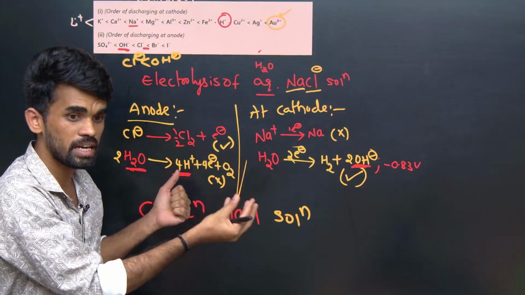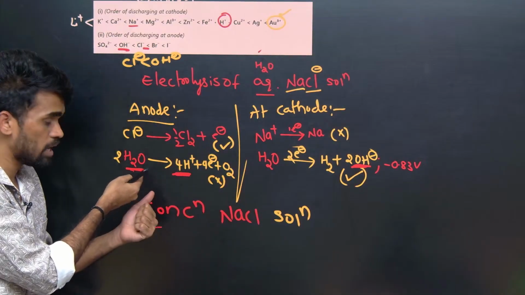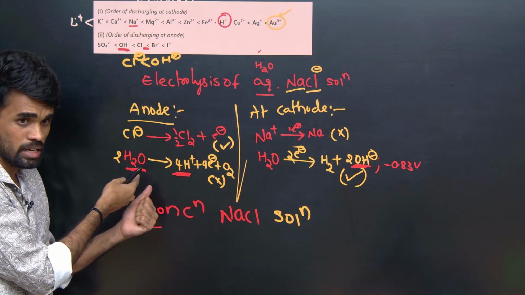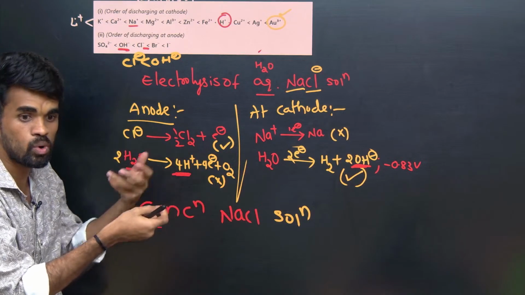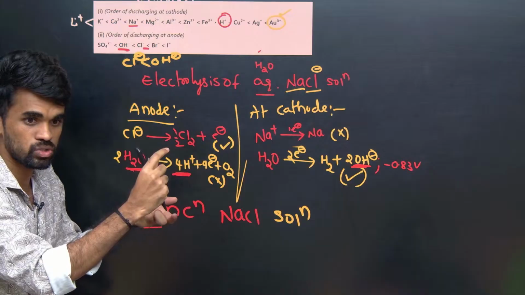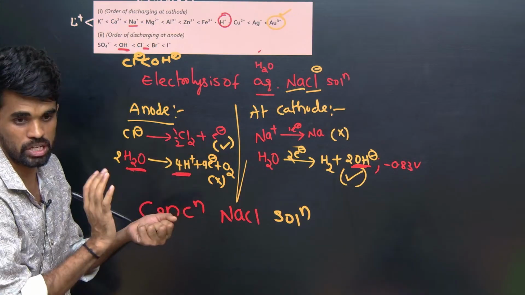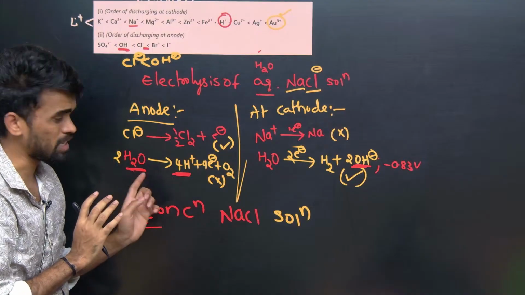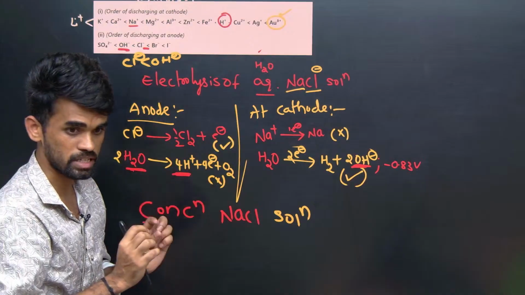Why is extra energy required? In order to dissociate H plus from water, it is a slow process. If it is slow, in order to increase that we use more energy. That more energy we are using, we should call it overpotential, extra potential. Hope it is clear. They are not asking this in NEET, but they may focus on this extra potential concept in JEE.